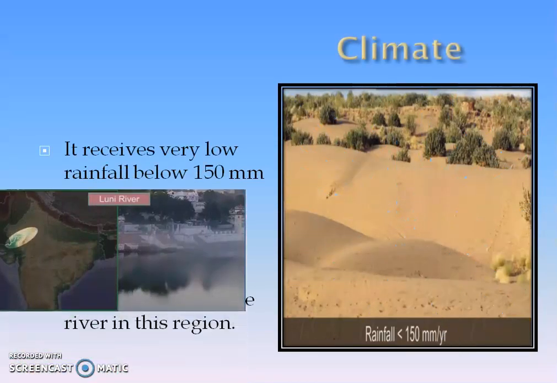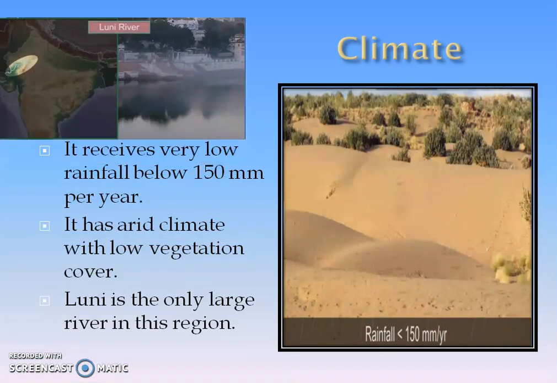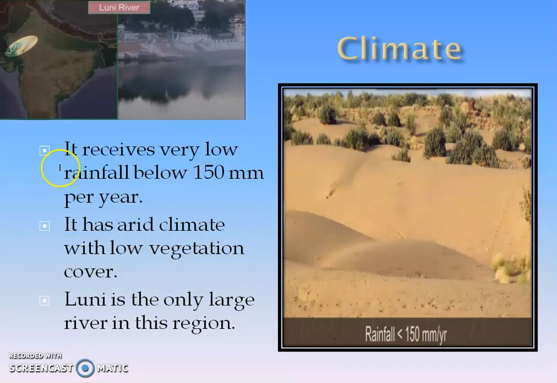Now, its climate. This region receives very low rainfall, below 150 millimeters per year, and so it has an arid climate with low vegetation cover.